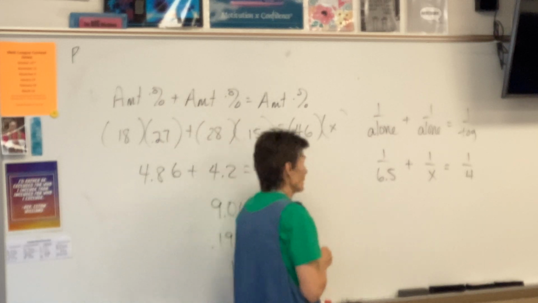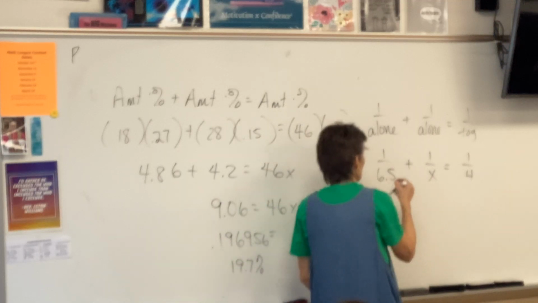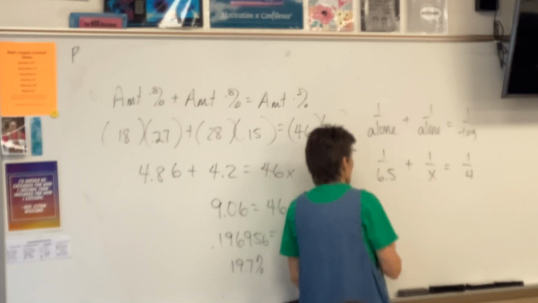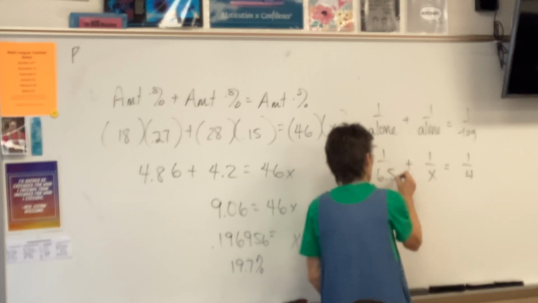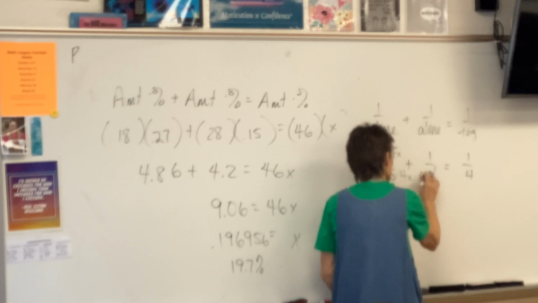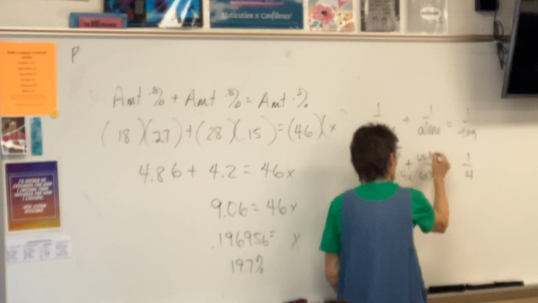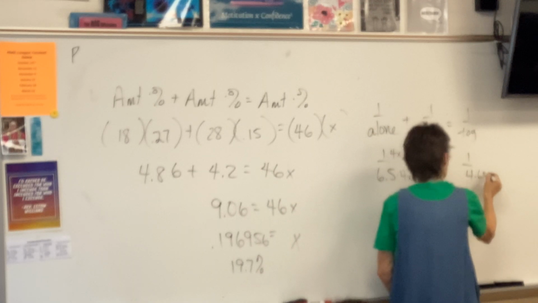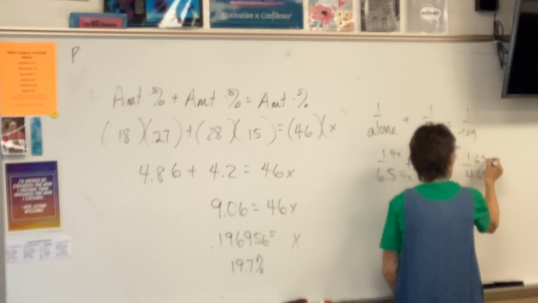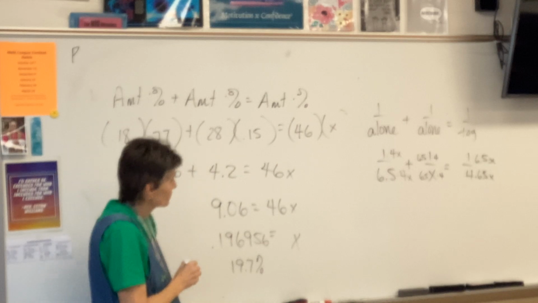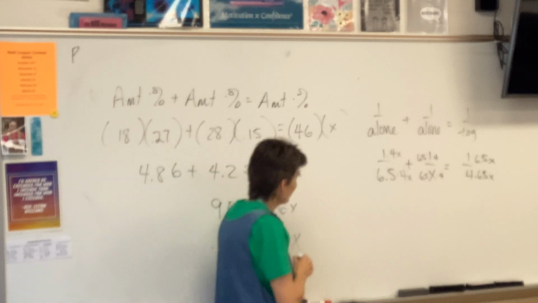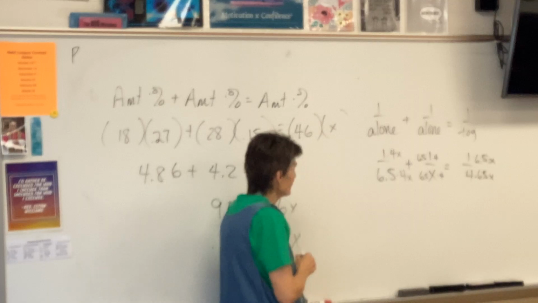I don't wanna mess around with this thing. If I want those denominators to match, they all have to have a 6.5, an x, and a 4. So all the denominators will match if they all have a 6.5, a 4, and an x.